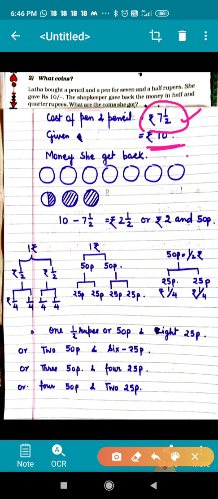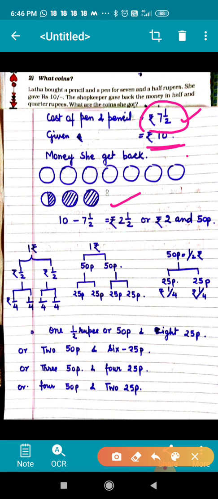So children, here first of all let us see how much money she gets back. For that I have divided these 10 rupees into 1 rupee coins. So how many coins will I make? 10 coins.